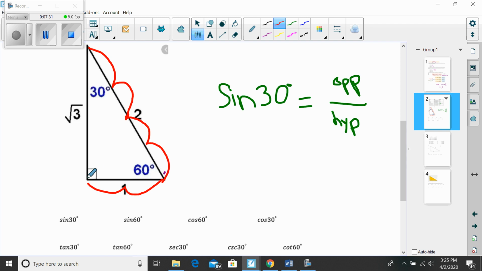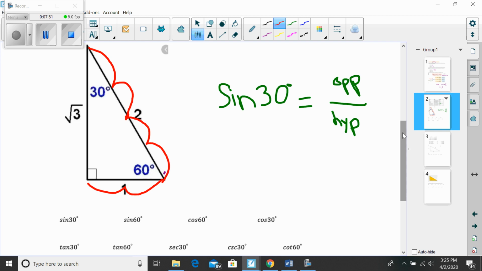And so on the website that I gave you, you actually click on this segment and then it pops it over to the other side twice so that you can see that happening. So I really like that representation. I feel like that helps you understand the meaning of these trig ratios.